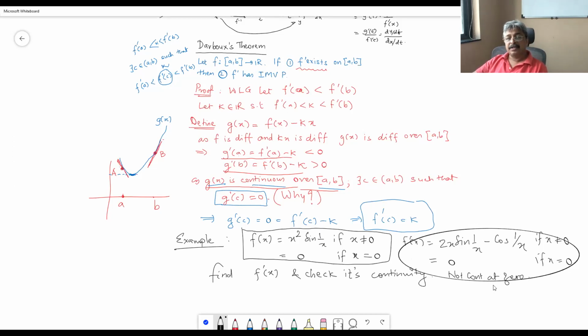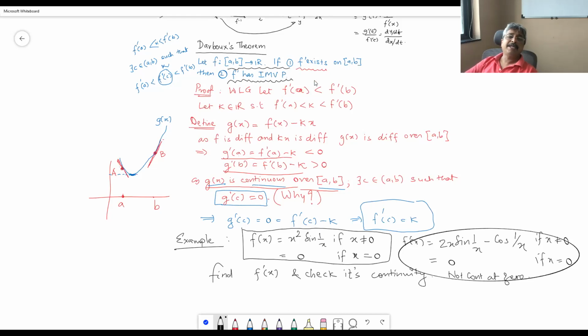But then as per Darboux's theorem, even if it is not continuous at 0, it attains the intermediate values. No matter what interval you consider, it attains all the intermediate values. f dash has the intermediate value property.